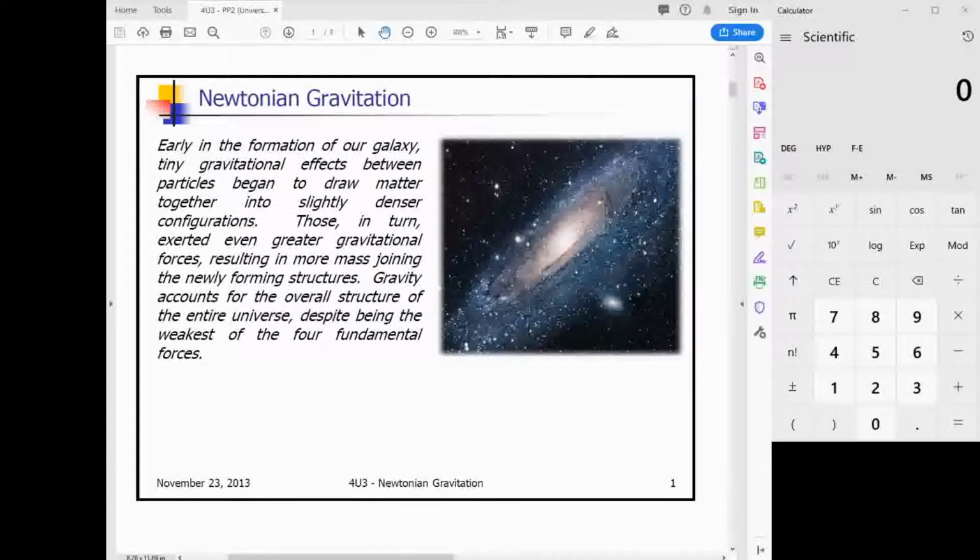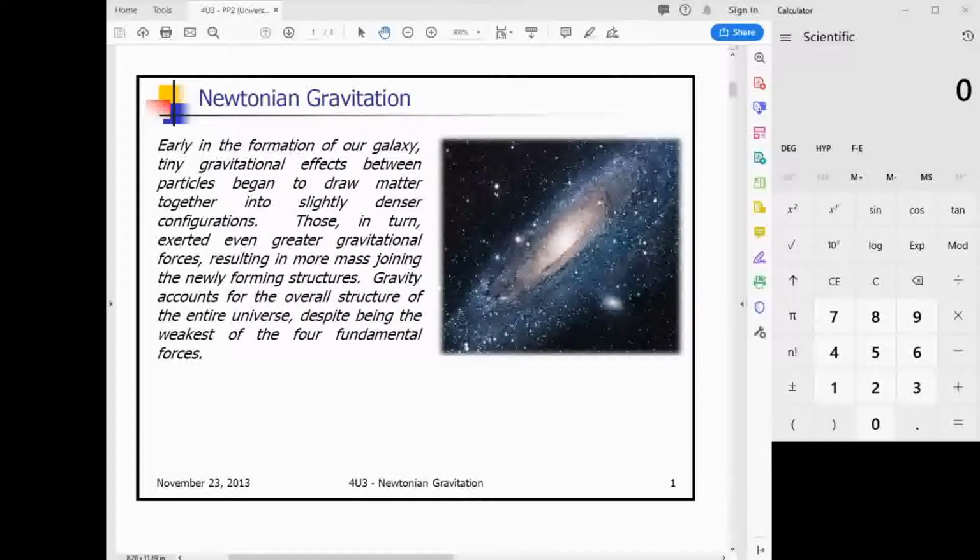If you're not aware of how a planet or a star forms, the basic idea is that particles, whether they are gases or rocks, have a gravitational effect, and they attract each other. As they attract each other, they start to get closer and closer together.